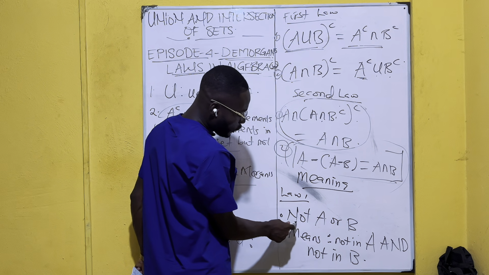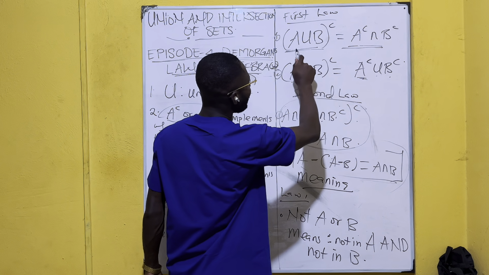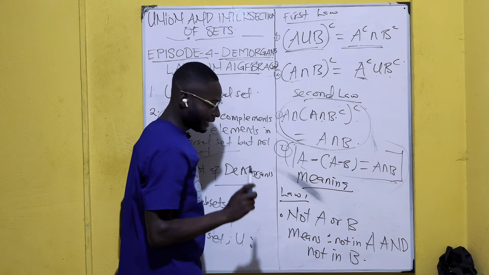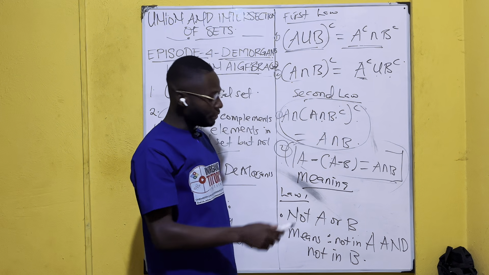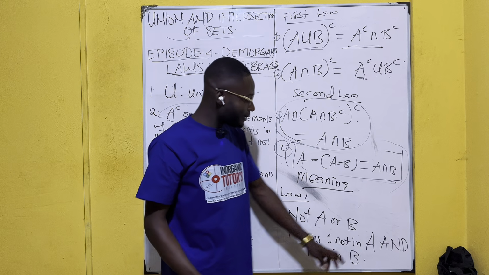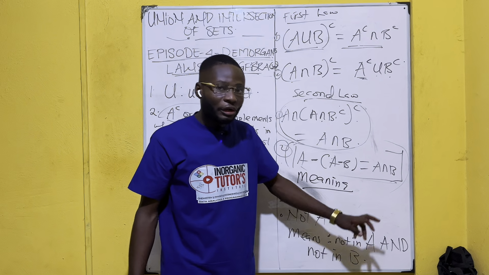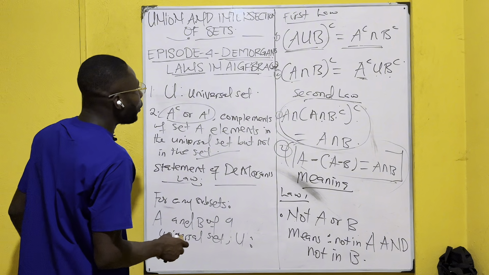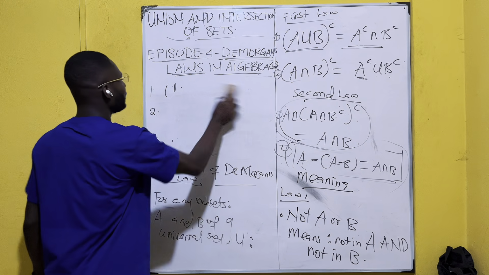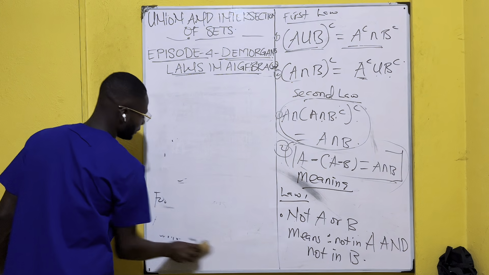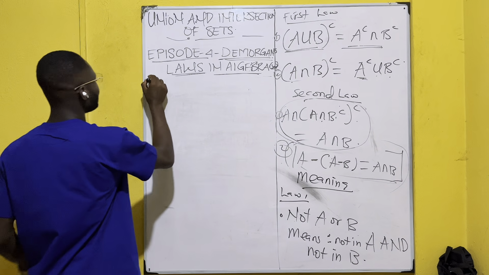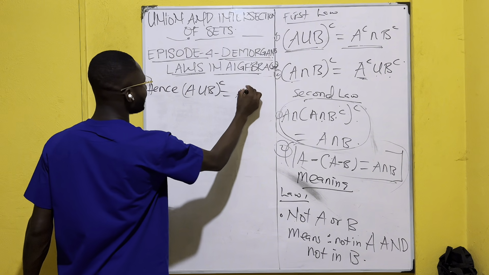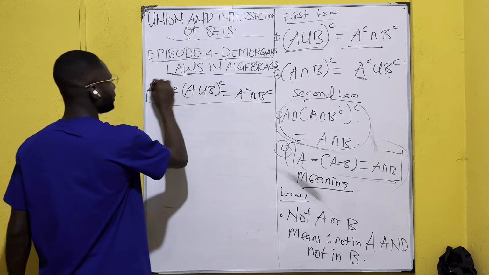So if you see this first law, A union B complement is equal to A complement intersection B complement, the meaning is that not A or B basically means not in A and not in B. Hence A union B complement is the same as A complement intersection B complement, right?